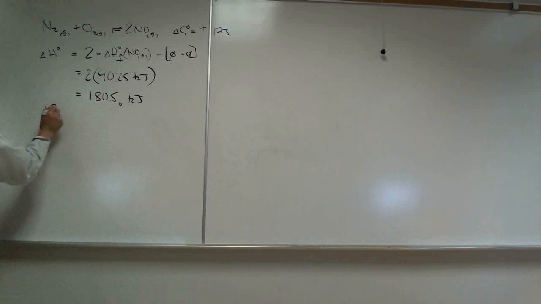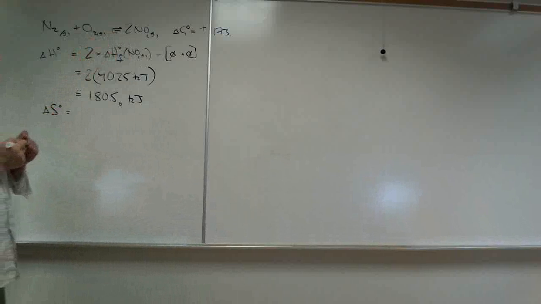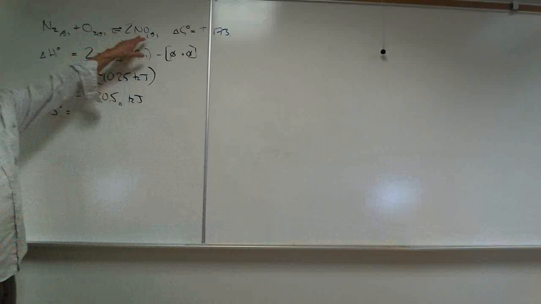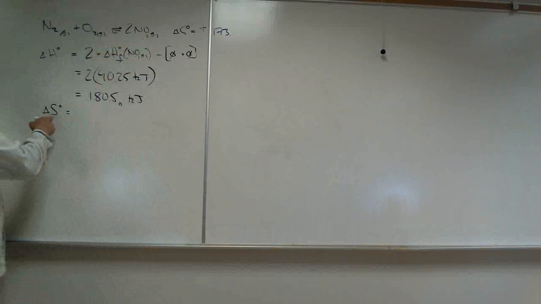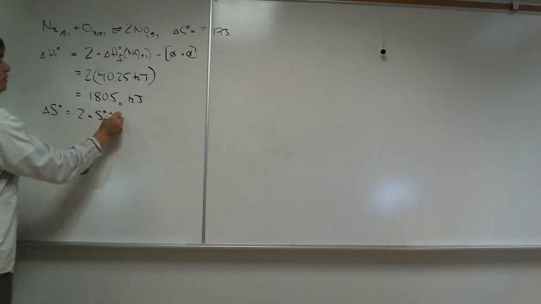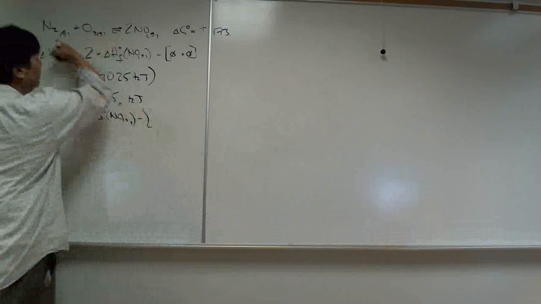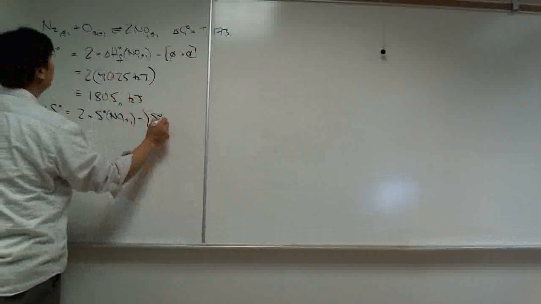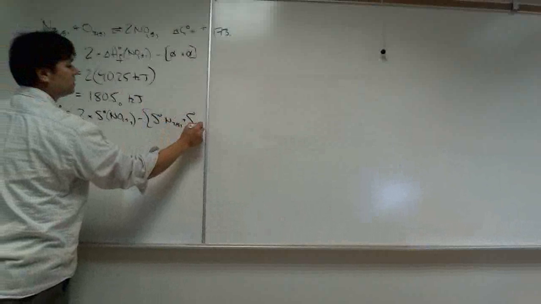Let's take a look at delta S. Delta S naught will be the entropy of the products minus the entropy of the reactants. All right, Vincent, since you're on NO, what is the absolute entropy of NO? Not delta S, just S. And so it's going to be 2 times the entropy of NO gas, products, minus reactants, the entropy of N2 gas plus the entropy of O2 gas.